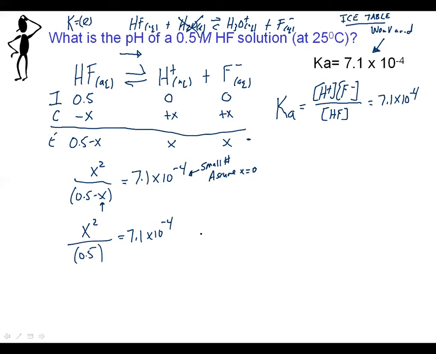So 0.5 times 7.1 times 10 to the minus 4. And then when you take the square root of it, you get this answer here for x. X would equal, after you do all those steps, multiply and take the square root, 0.188.